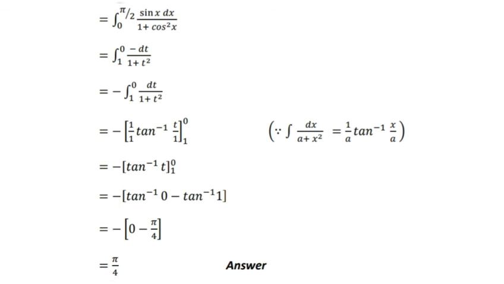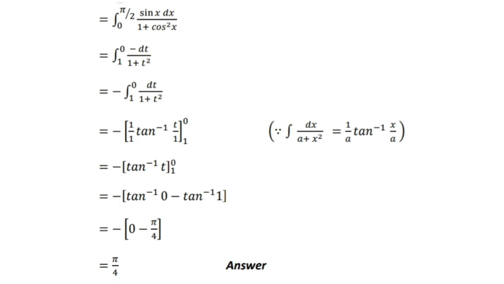And this pi by 4 is nothing but the amount of the area which is under the curve of the integrand sine x upon 1 plus cos square x. So this is about definite integral, and why do we change the limits when we do the substitutions.